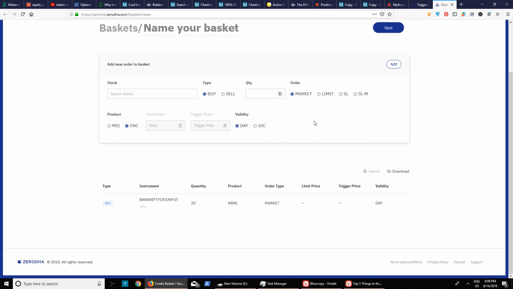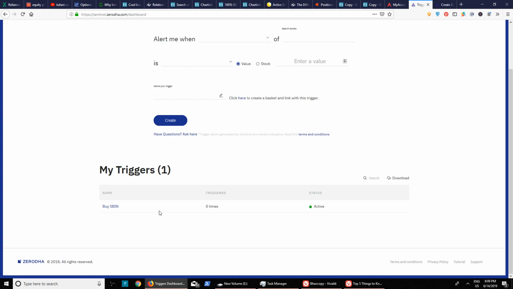That means a trigger is created for your reference. So this particular trigger which you created here, it will alert you, since you have created an alert here. It will alert you on your mobile and also your email, saying that the trigger named buy SBI has been triggered. And if you keep this active, it will also tell you how many times.